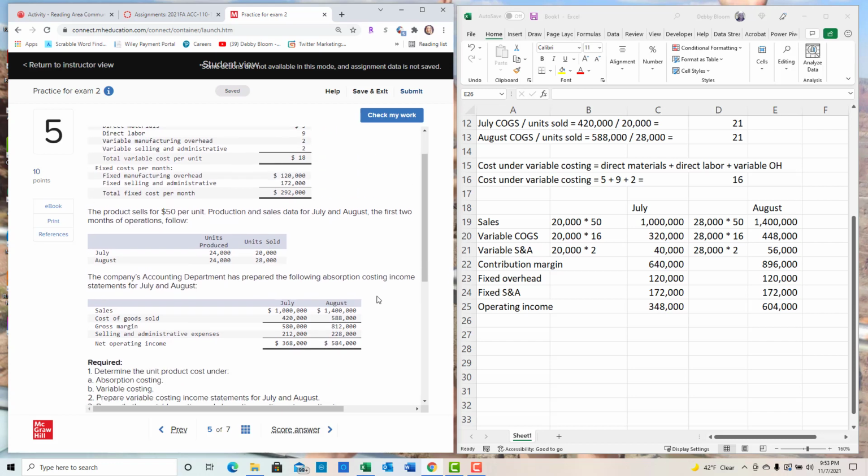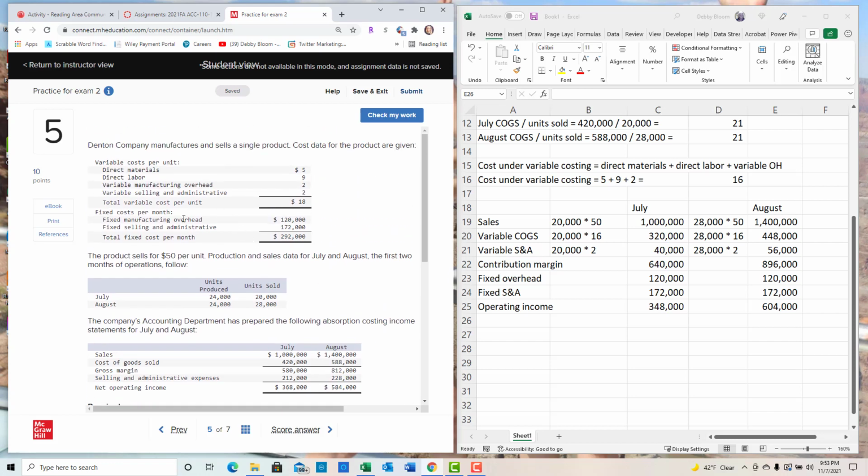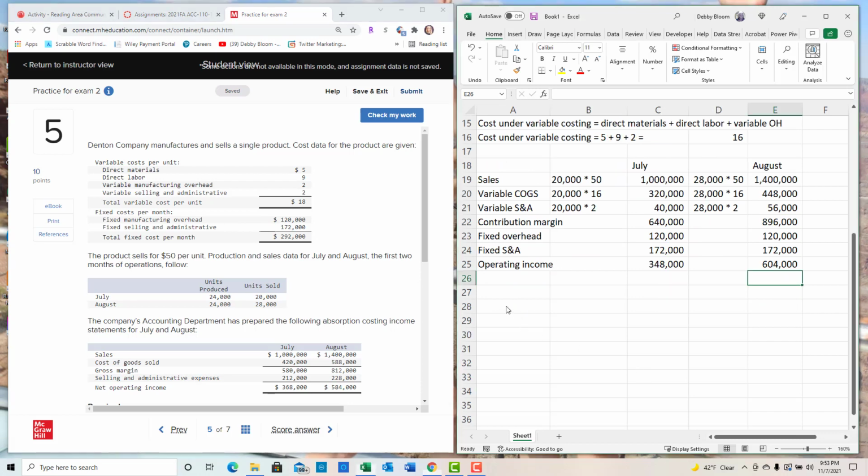Now to actually reconcile between the numbers, what I'm going to do is take the fixed manufacturing overhead and divide it by the number of units produced.